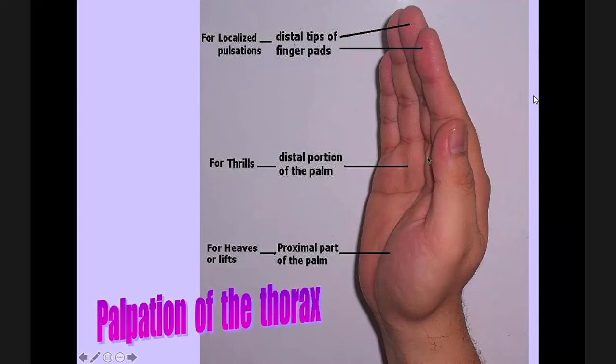For this portion, the distal portion of the palm, this is used for localization of presence of thrills. And this part, we call the proximal part of the palm or the heel of the palm. This is used to localize presence of heaves or a lift.